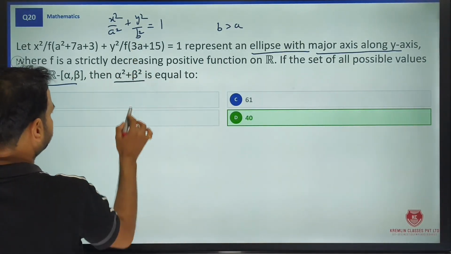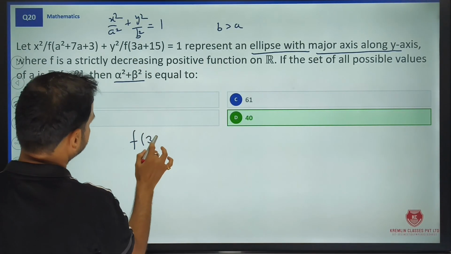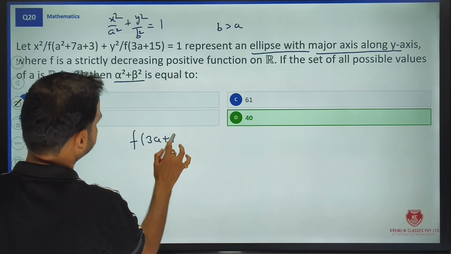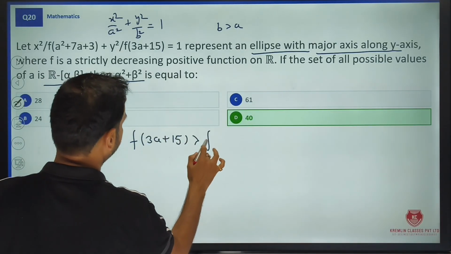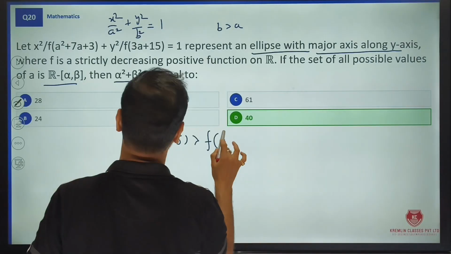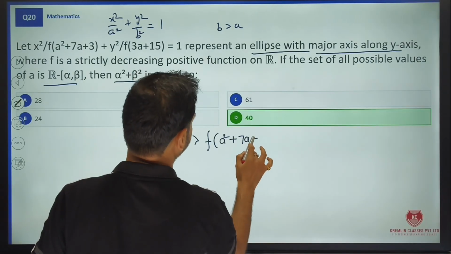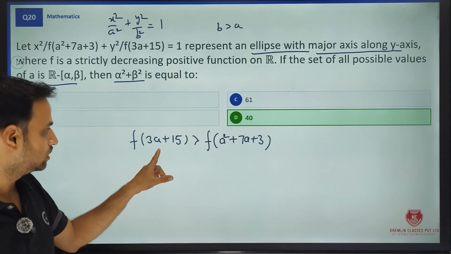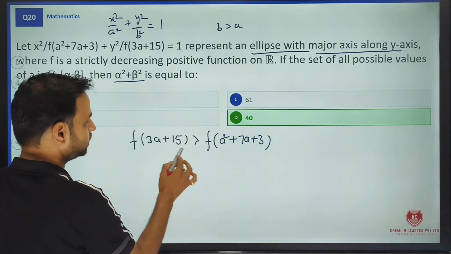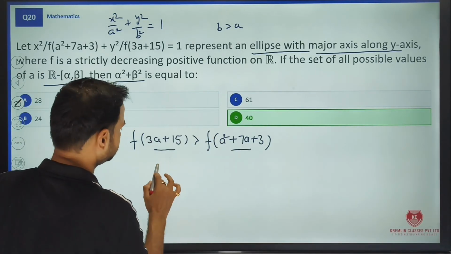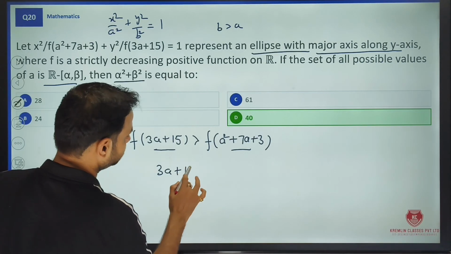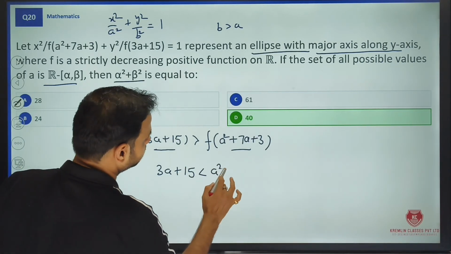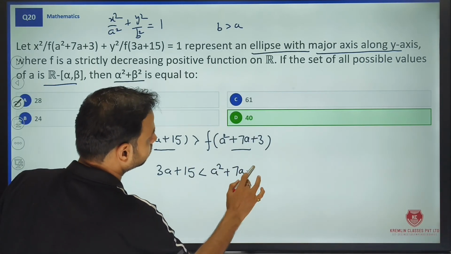So what we are given here is f of 3a plus 15 is greater than f of a square plus 7a plus 3. We know that if a function is strictly decreasing, then if this is greater than, this one should be lesser than this. So 3a plus 15 should be less than a square plus 7a plus 3.